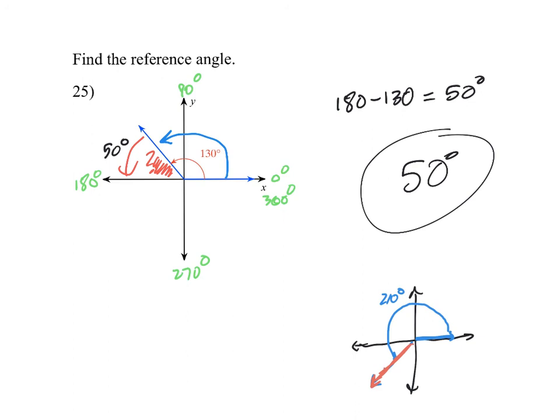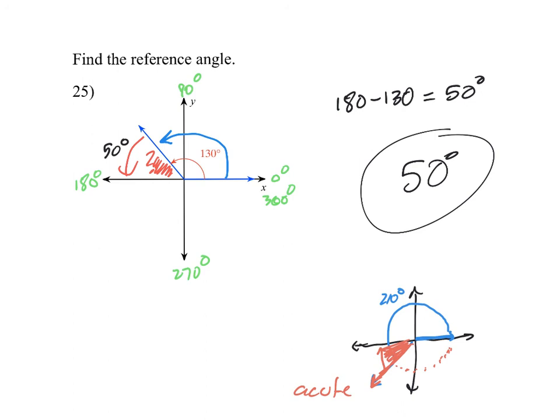This time, the fastest way back to the x-axis is to go backwards, so the reference angle is this one here. Do not do this angle back to the x-axis that way. We're not finishing off the rotation. We're simply drawing the angle and then figuring out the fastest way back to the x-axis, because the reference angle has to be acute. If I drew this as the reference angle, it's obtuse.